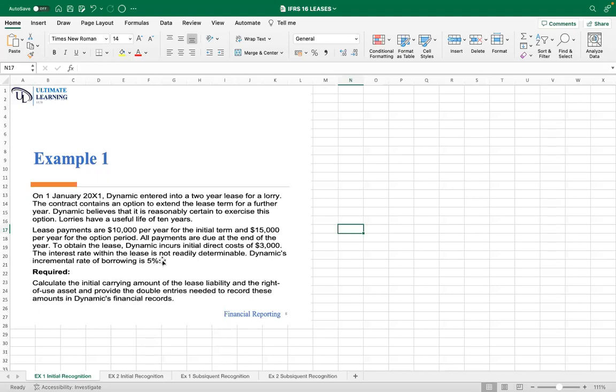The interest rate within the lease is not readily determinable, and Dynamic's incremental rate of borrowing is 5%. Calculate the initial carrying amount of the lease liability and the right-to-use asset. So we are looking at the solution to that question.